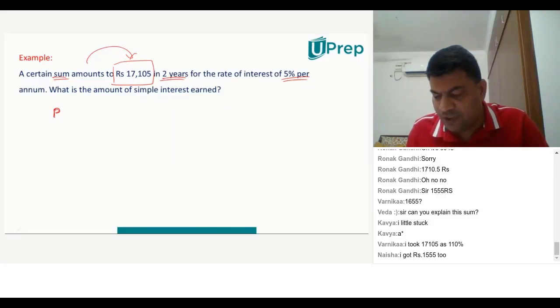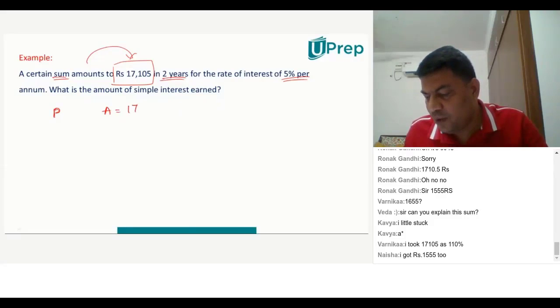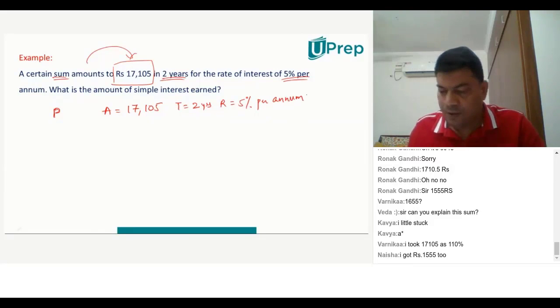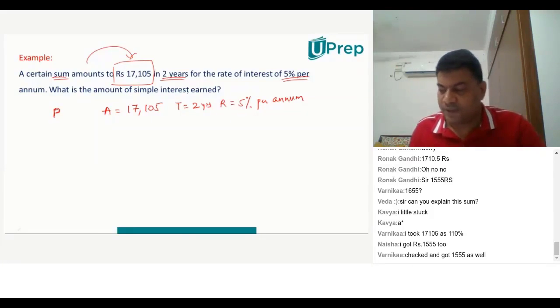There is a principal that was taken that has gone on to become an amount which is 17,105 in 2 years. So the time period given to you is 2 years, and the rate of interest is 5% per annum. What is the amount of simple interest earned?